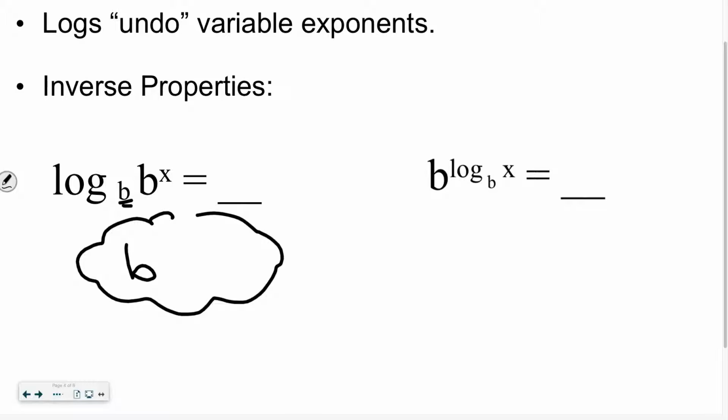And the answer to the log, this fill in the blank, should be an exponent, right? The answer to a log is an exponent. So I'm just going to put my blank up there. It's saying b to the what equals the thing that I'm taking the log of, which happens to be b to the x. So what would you say has to be in the blank?